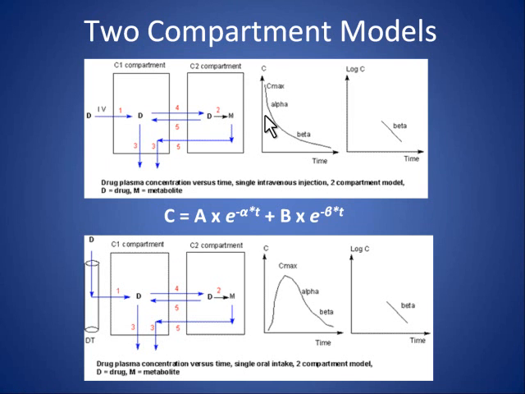The difference between this example and the previous one is that the elimination curve is not represented as a single exponential decline, but rather as a combination of an initial rapid exponential decline due to distribution to the two compartments and a secondary slower exponential elimination from both compartments. This is the type of toxicokinetic behavior that you will find for many xenobiotics.